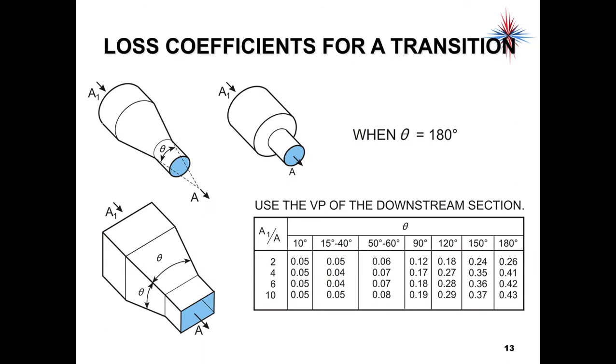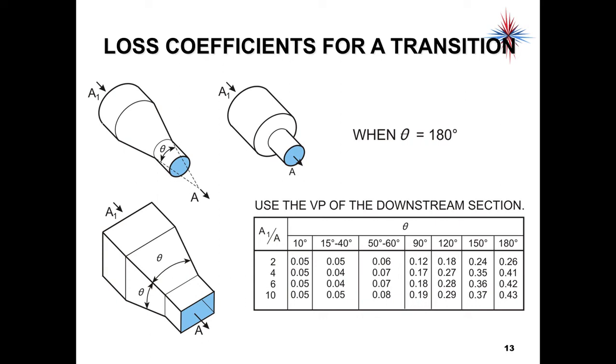There are also loss coefficients for transitions. Again, we have our A1 over A, the upstream area divided by the downstream area. It basically tells us what our reduction is. A1 is my upstream area, the closest to the air handler.